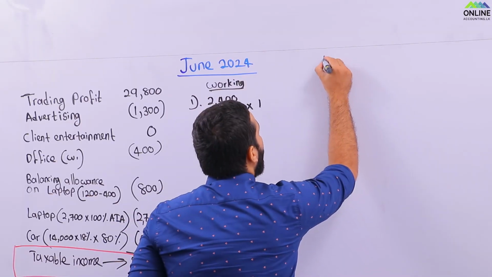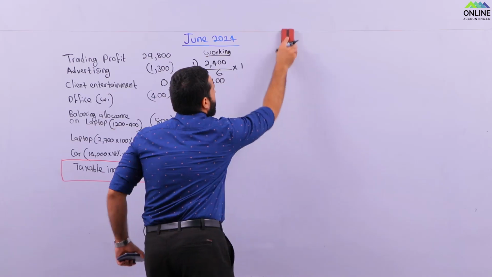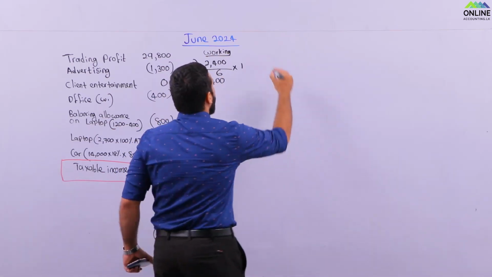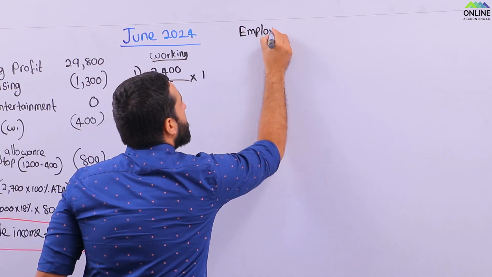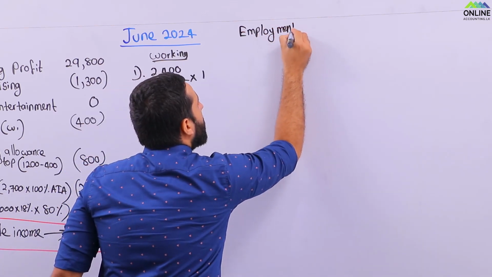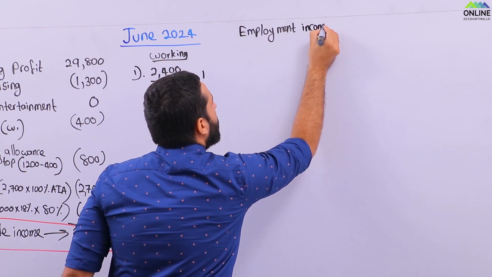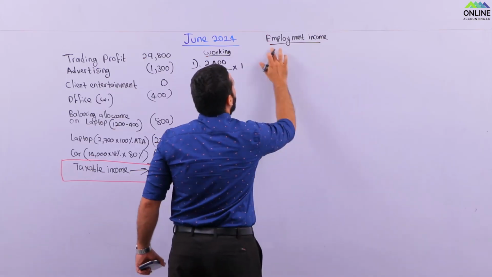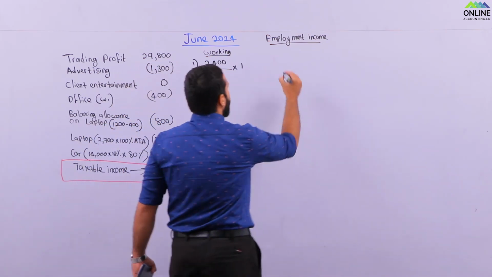So employment income, we will make sure we have enough space in the board. So employment income, how much is it? Yes, the salary.